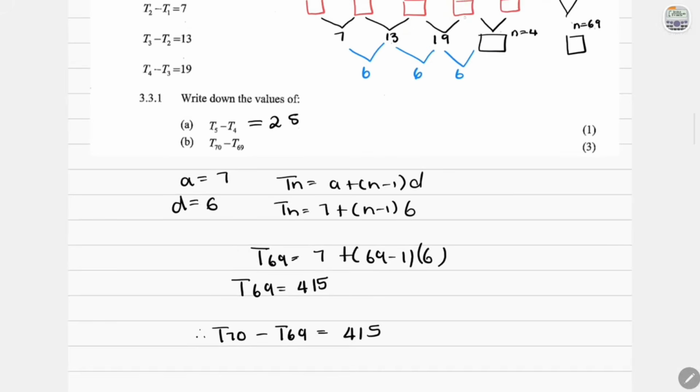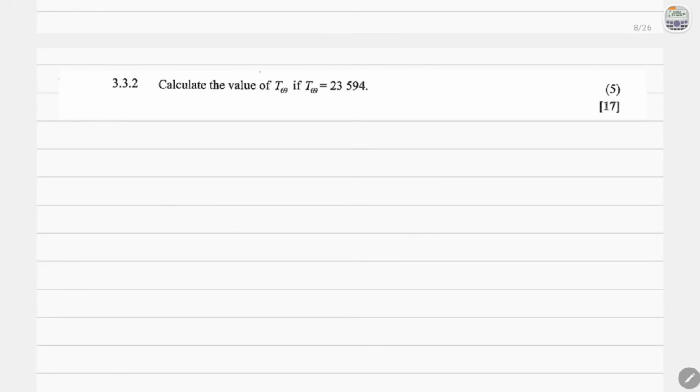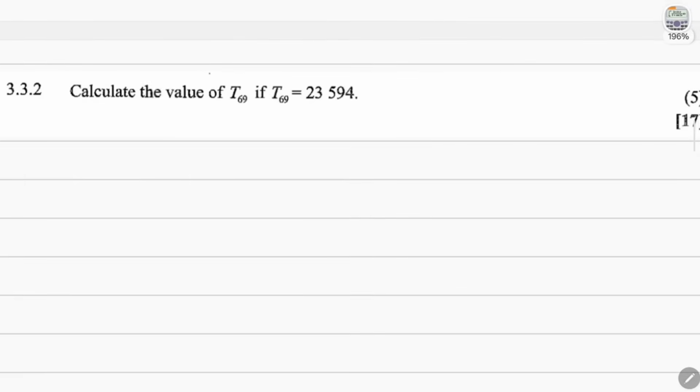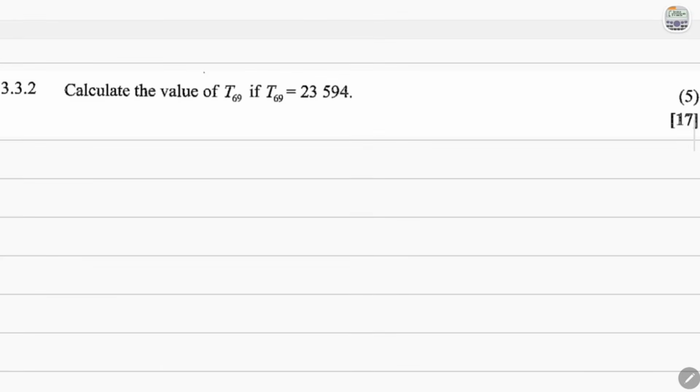Moving on to the next question. Question 3.3.2 says, calculate the value of term 69 if term 69 is equal to 23,594. I think they mean Tn. Okay, so I think they mean find Tn. But why would they say value though? Okay, let's just use this as practice to get the Tn formula.